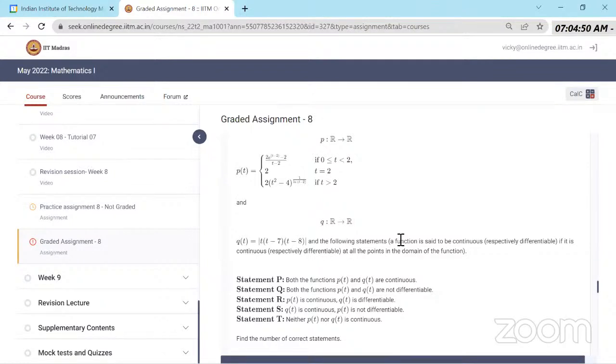No, the last interval, t is greater than 8. For that, how to check? If you substitute t equal to 8, then it becomes ln of 0, which is like 1. Okay, I get it. Sorry. You get it? Okay.